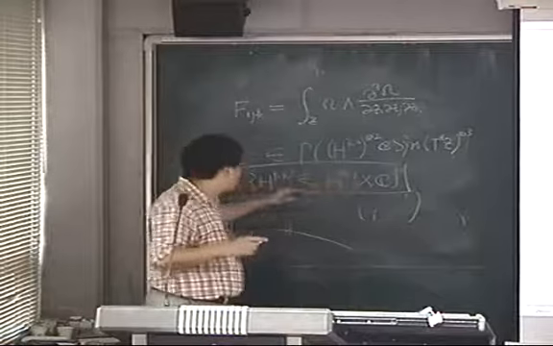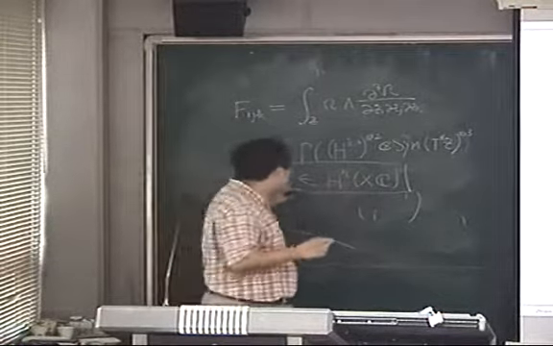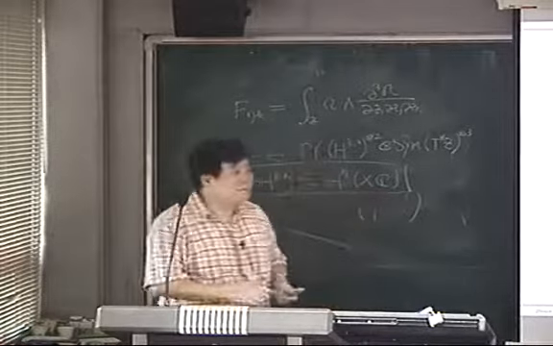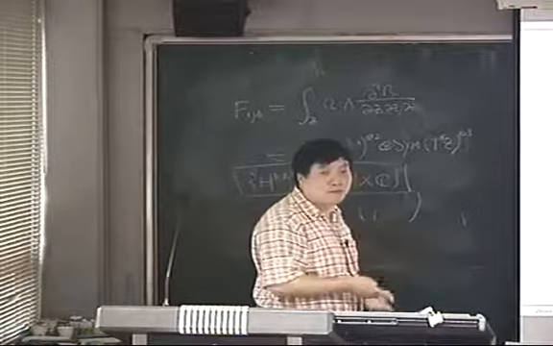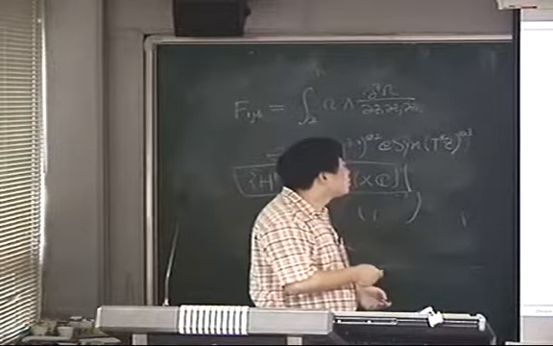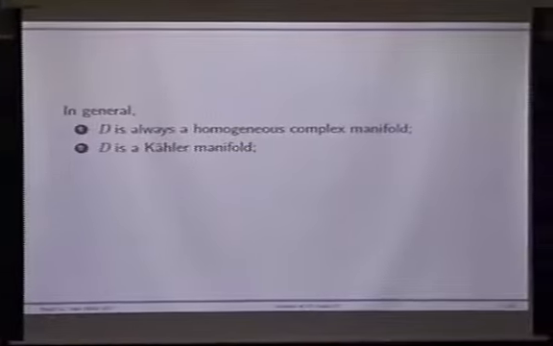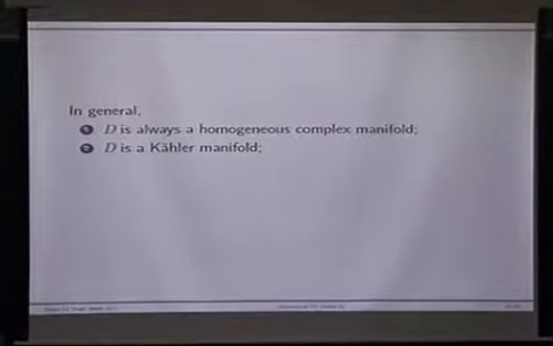So this is a fixed space, and these are the subspaces. The set of all subspaces in a fixed space must be a homogeneous space. And with some work, Griffiths proved that this D is always a homogeneous complex manifold.